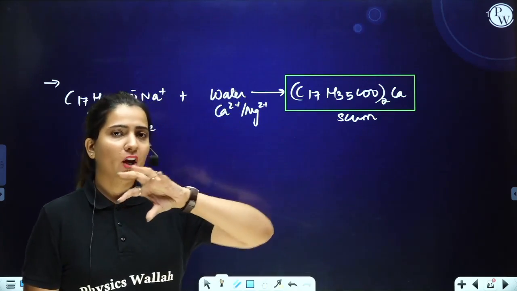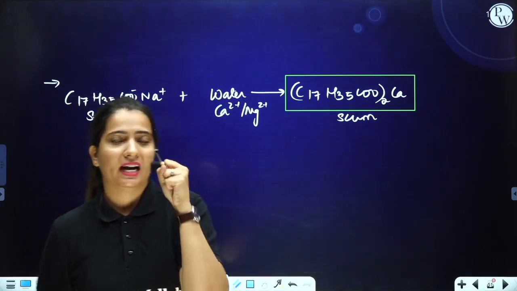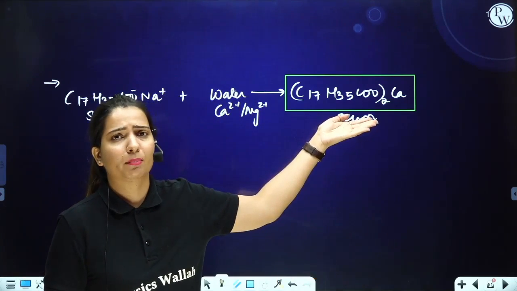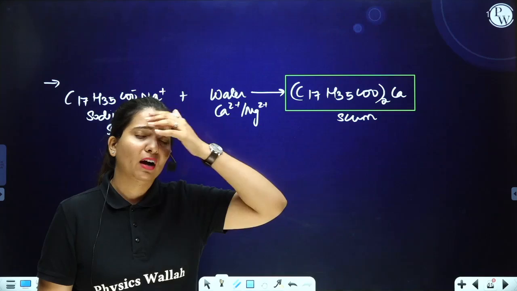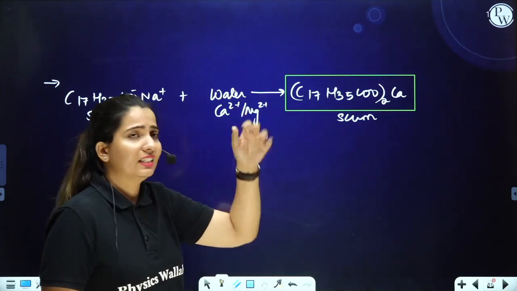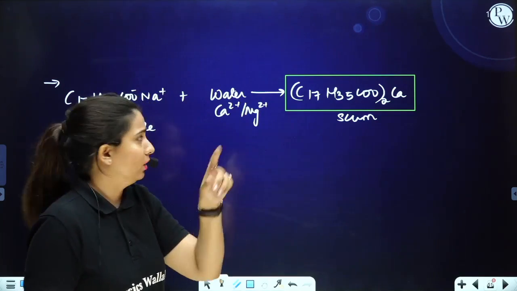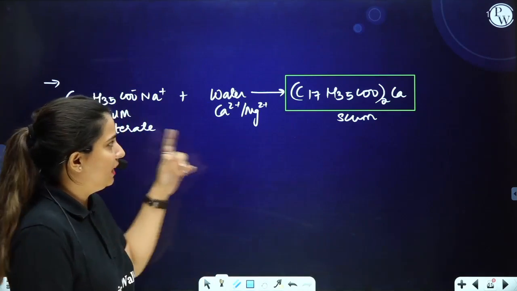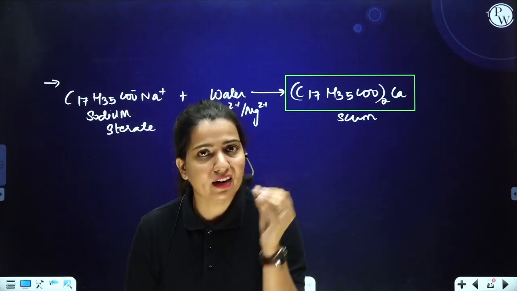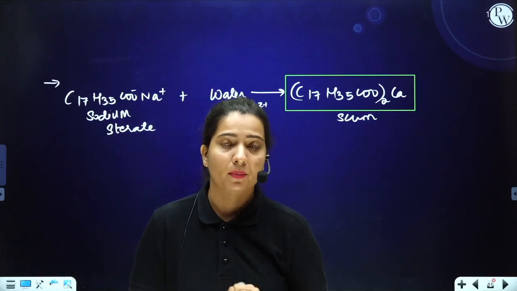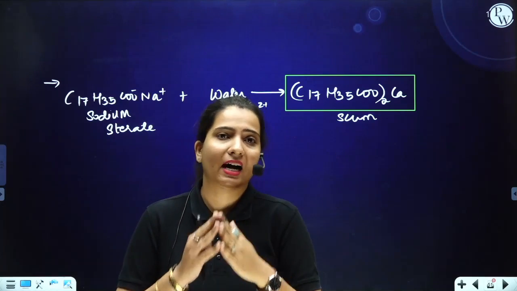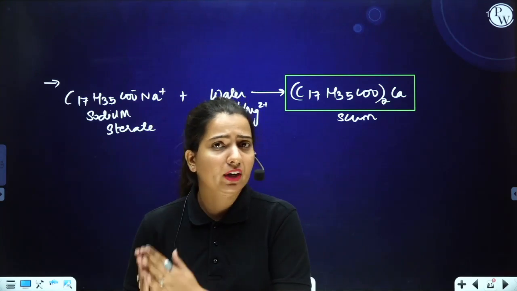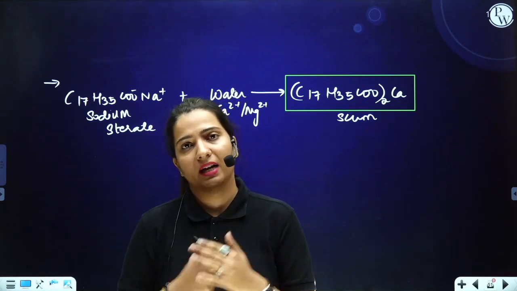When all of the calcium and magnesium ions have combined with the soap, whatever water is left will be considered soft water. Your water will be free of these two ions, then you will have the soft water.